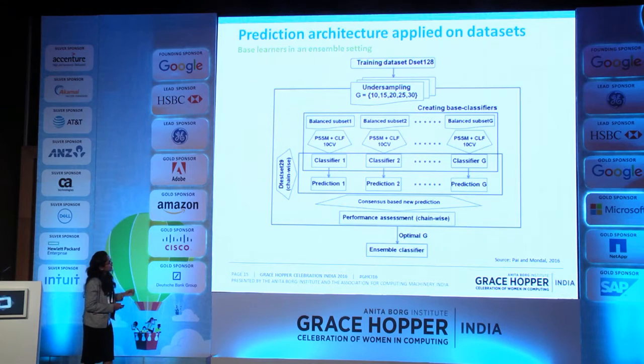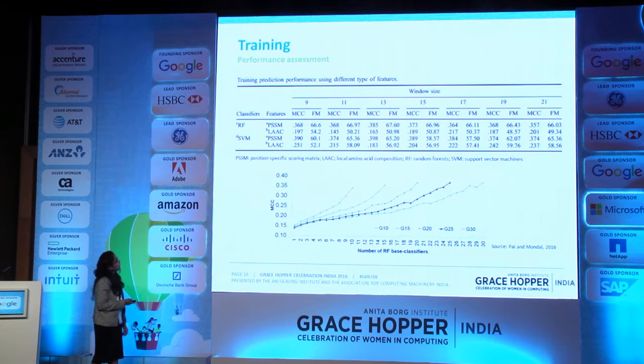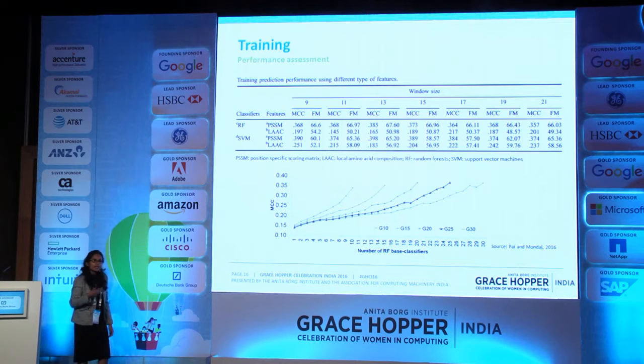Once we have this prediction model, we test it on the 29 examples that we reserved for testing. So this was our ensemble architecture. If you look at the training performance, you have these values, and the take-home message from this table is that the random forest is a better classifier than SVM, and PSSM, the evolutionary information, is more important than the biochemical information.